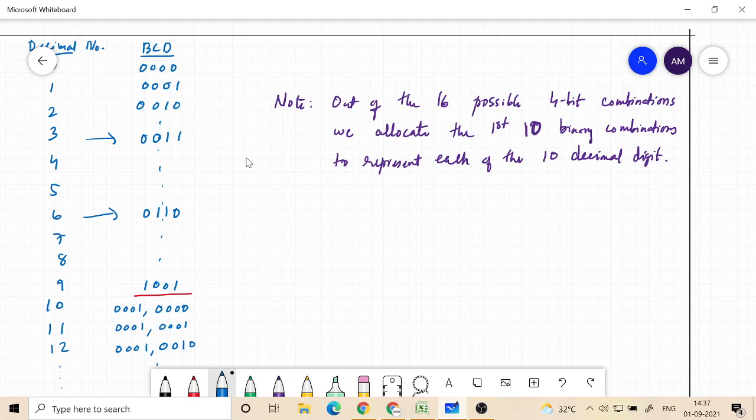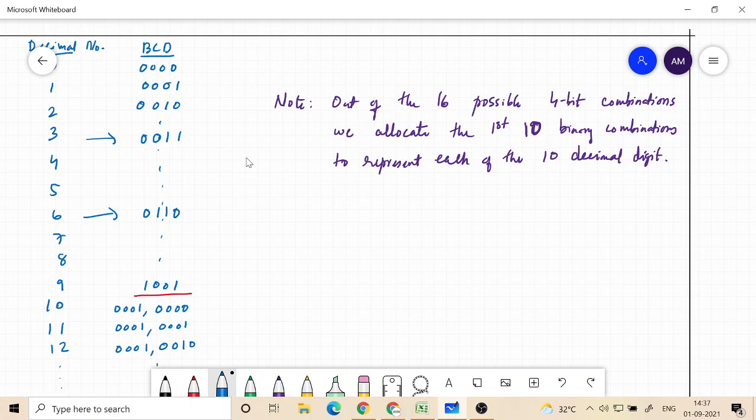So only these first 10 codes, 0000 to 1001, can enter into the system, because you don't have any new digit other than these. Whenever you go to 10, you are pressing 1 and 0.